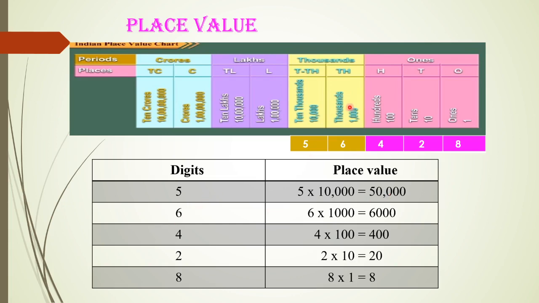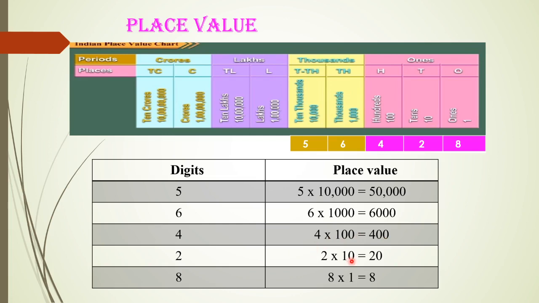Now 6 is at 1000 position, so we multiply 6 by 1000. That means 6 into 1000 is equal to 6000. Now 4 is at 100 position, so multiply by 100. 4 into 100 is equal to 400. Then 2 is at 10's position, so multiply by 10.